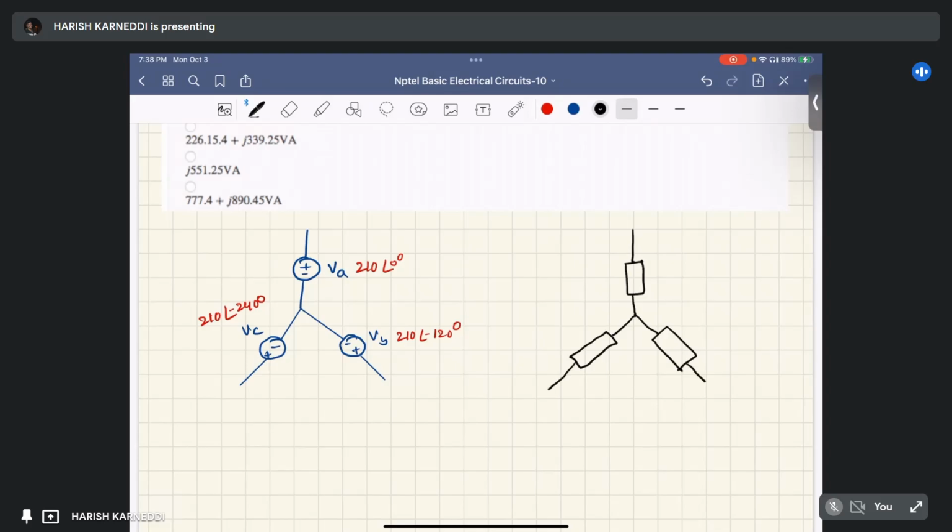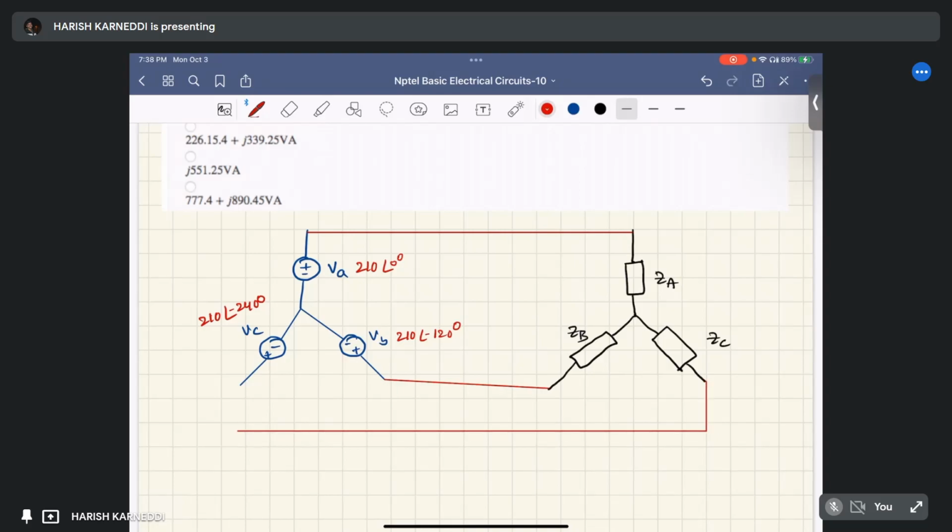Here we can consider ZA, here we will consider ZB, and here we consider ZC, to connect easily. So these are connected.